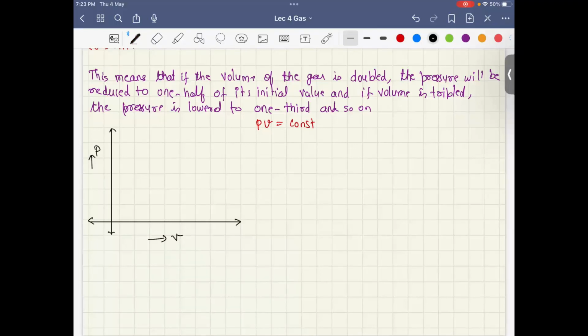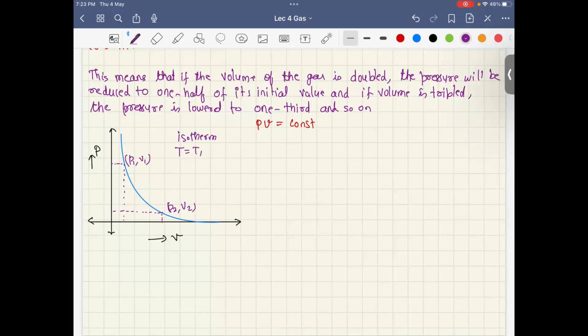Hence the plot which we will obtain will be like this. Let's say this is some P1 V1, and this will be some P2 V2, right? So this is an isotherm, at some temperature T equals T1.